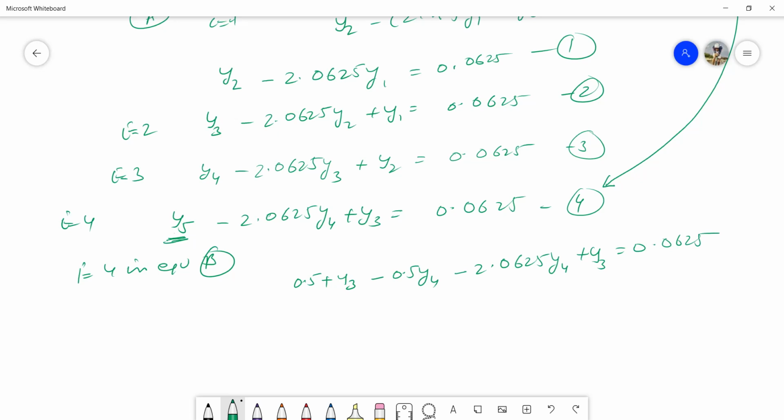So upon simplifying this thing, we have twice of y3 minus 2.5625 y4 equal to minus 0.0437. So that's basically your equation number 4.